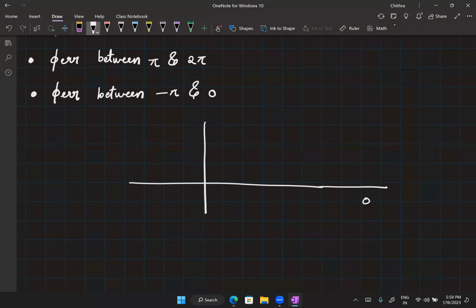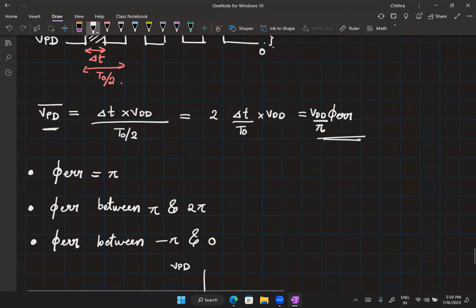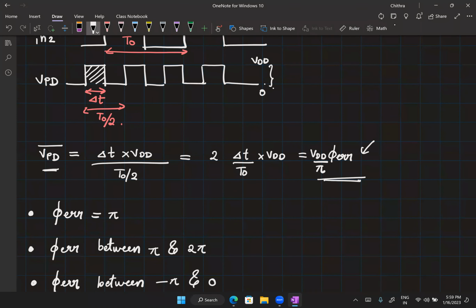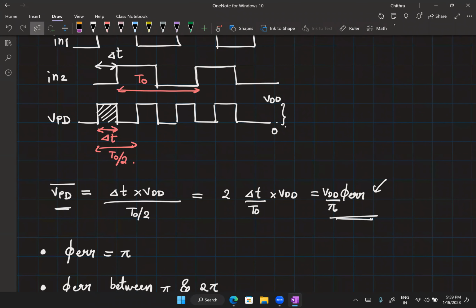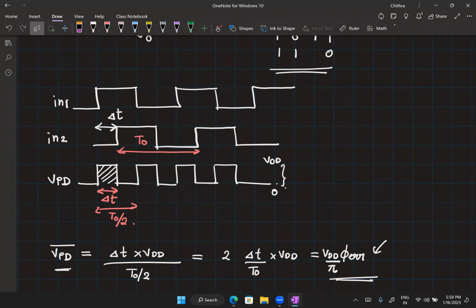So if I were plotting VPD average versus phase error, this equation that we got, can you comment on for what range of phase error it is going to hold? Looking at this. So anyways, for phase error greater than positive and phase error less than pi, it is holding. 0 to?